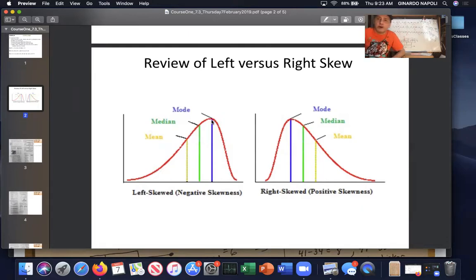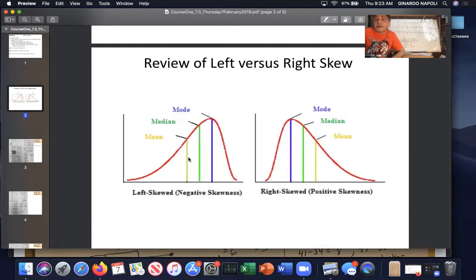All right, that's why when you analyze a histogram, find the mode, see how many more are on one side of the mode. So if there's more on the left of the mode, that's left skew, and that means the mean is going to pull to the left side of the median.